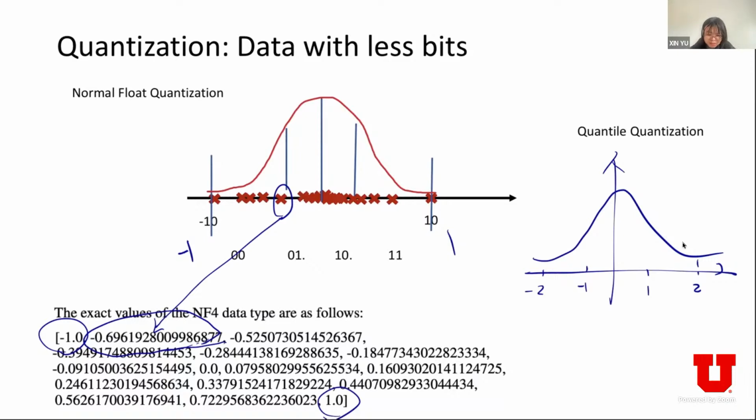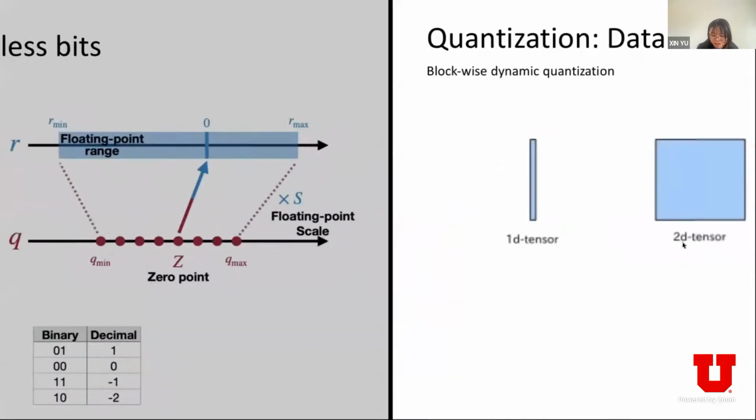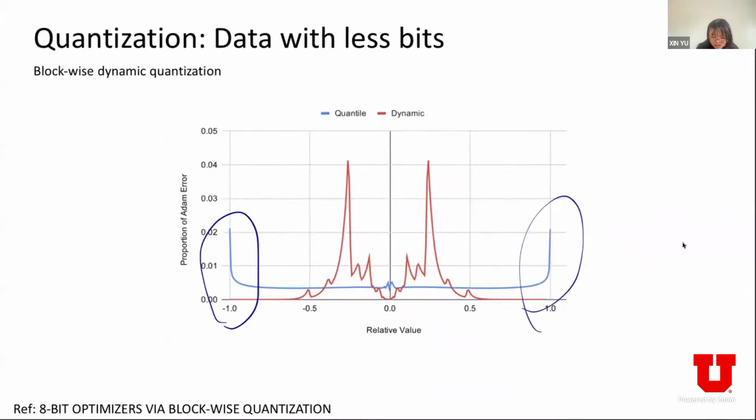But actually, there is one disadvantage of quantile quantization: the error for the outliers, for the extreme values, would be large.